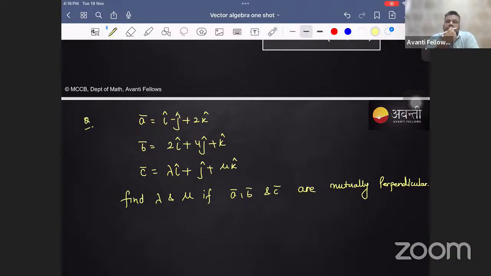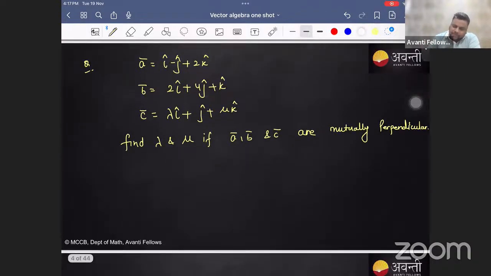Quickly, quickly. Anybody? Now see. A dot B is already 0.